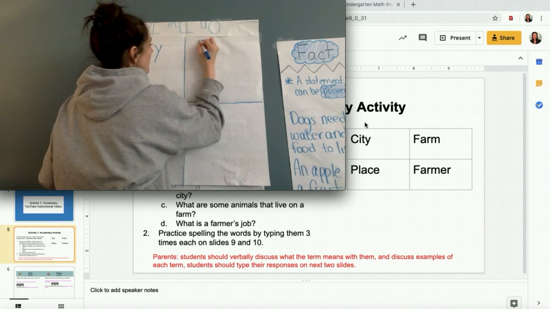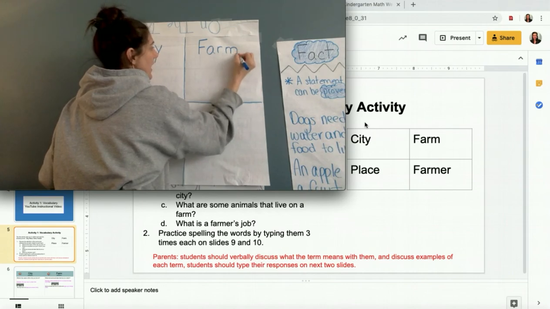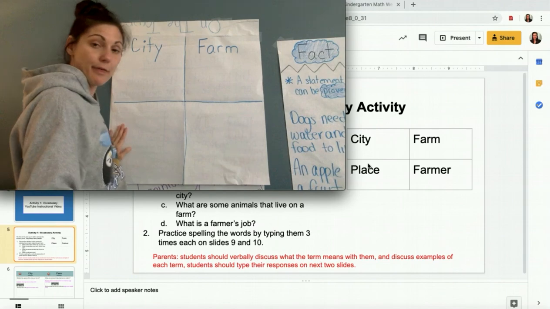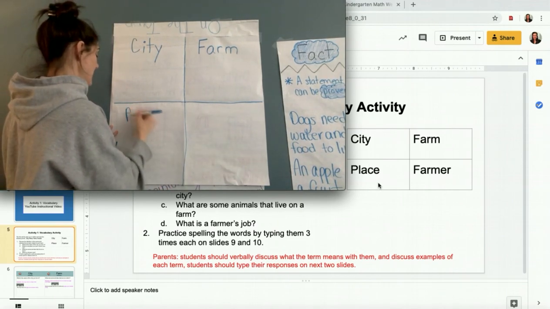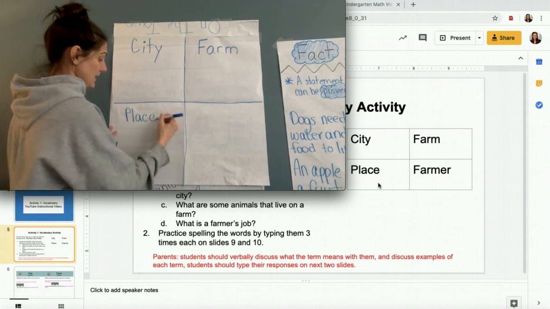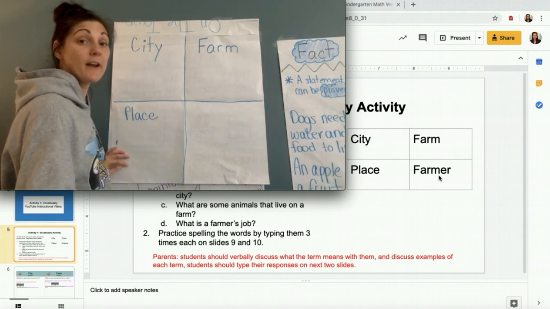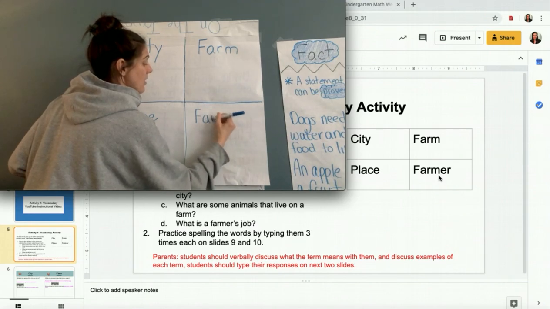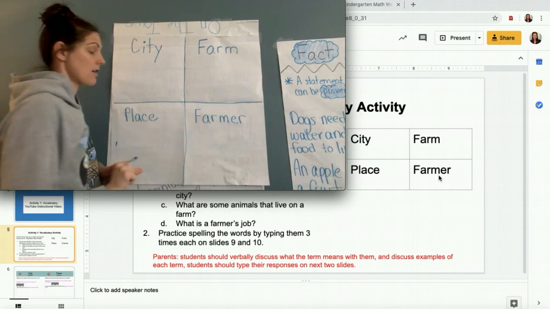I'm going to write farm, F-A-R-M, farm. My third square, I'm going to write place, P-L-A-C-E, place. And my last square, I'm going to write farmer, F-A-R-M-E-R, farmer.